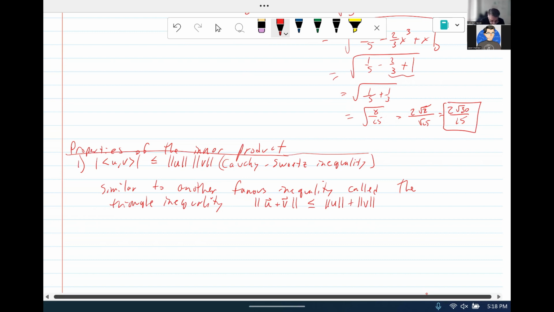So that's called the triangle inequality, which holds true for vectors because of the Cauchy-Schwarz inequality.